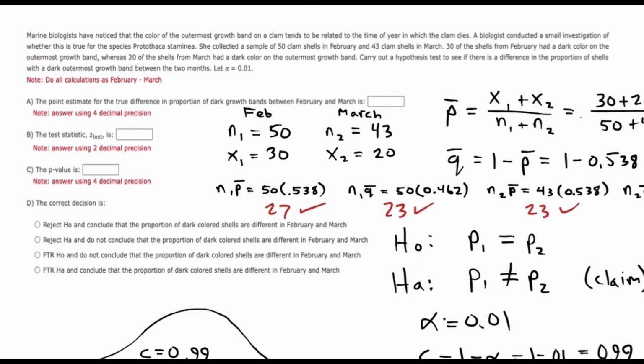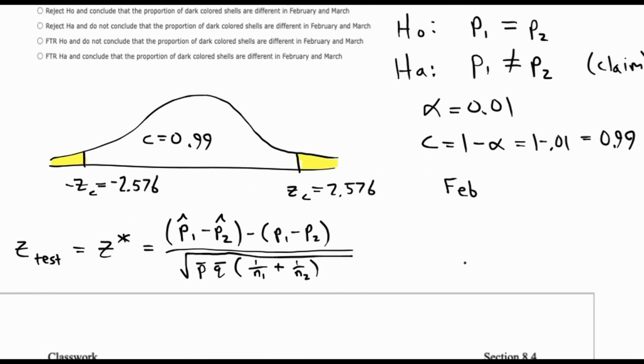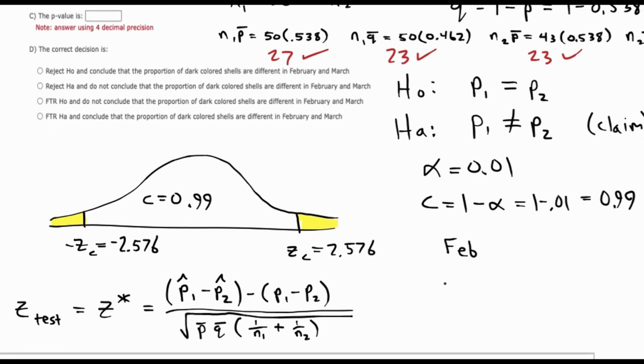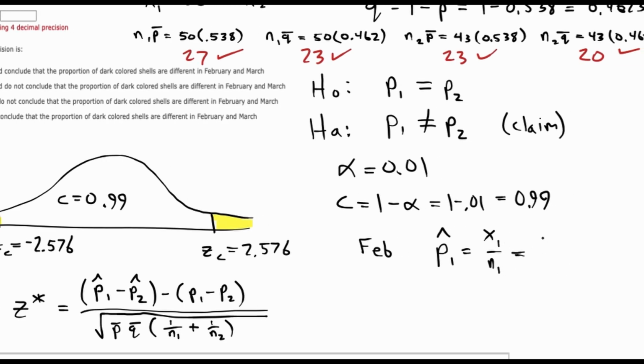So for February, we'll have P1 hat equals X1 over N1. So we just have to divide the number of successes in February, which was 30, by the total number of clams that were checked in that month, which was 50. That's 0.6.